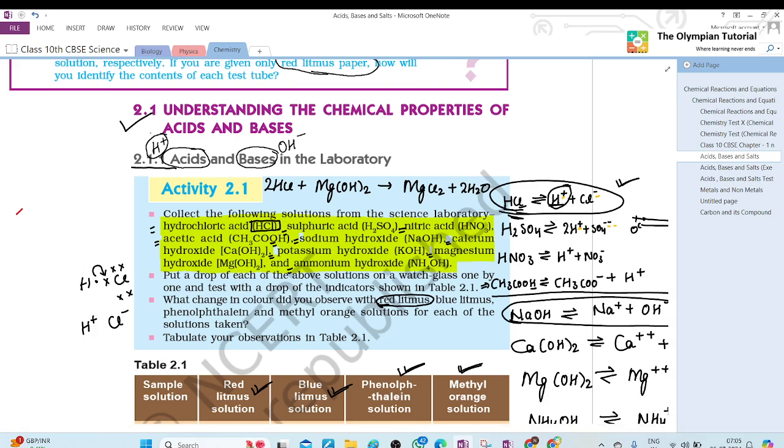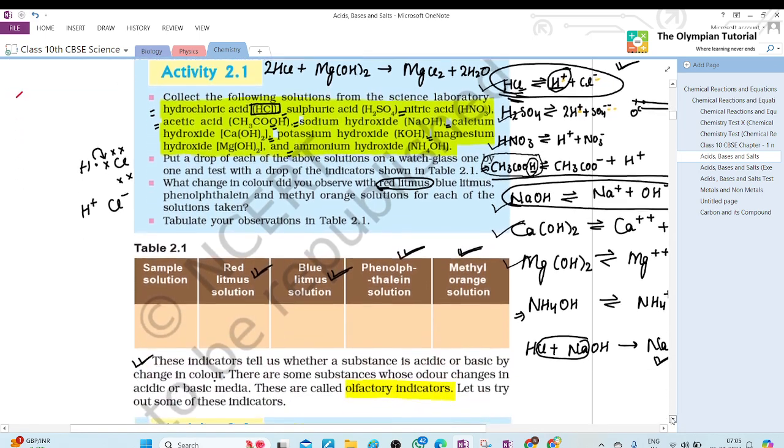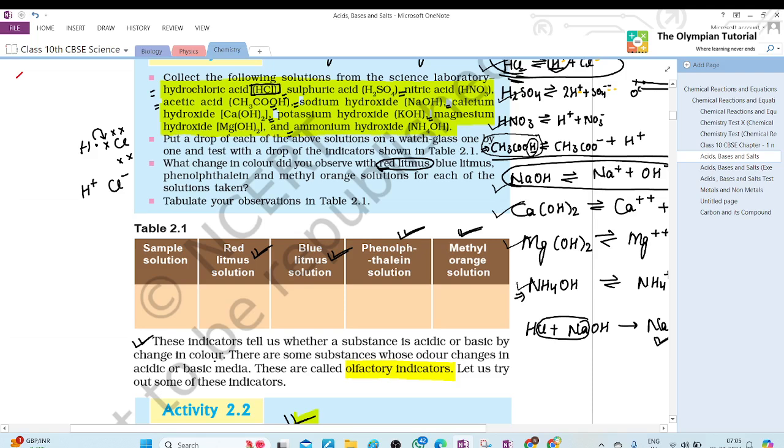So HCl, H2SO4, HNO3 are strong acids, and CH3COOH is a weak acid whose hydrogen ion is released less. NaOH, Ca(OH)2, Mg(OH)2, NH4OH are bases because they can release OH minus ions.